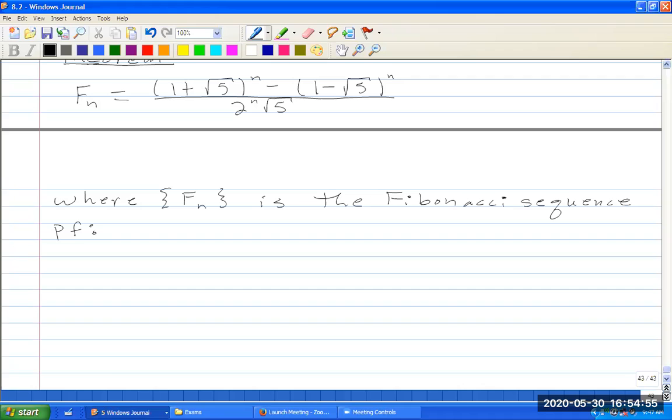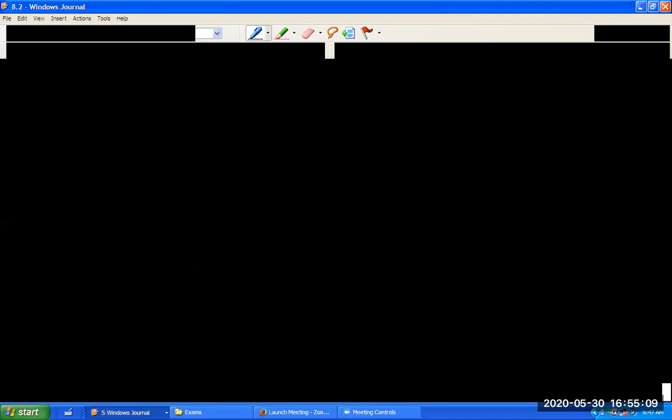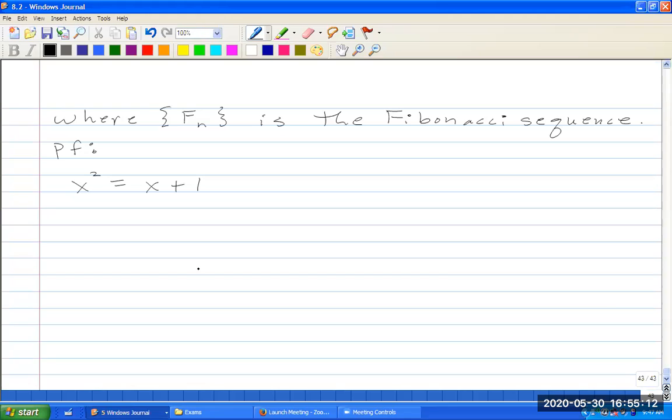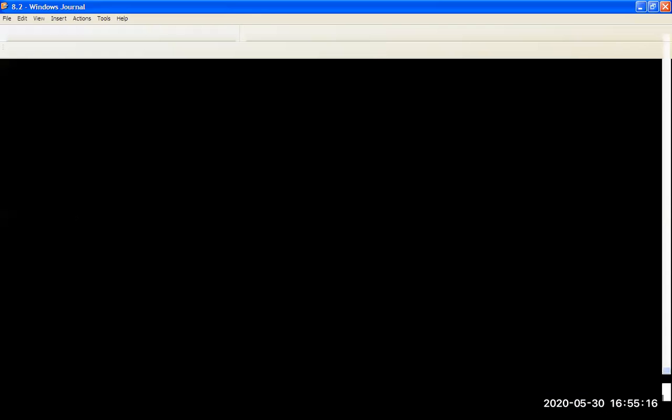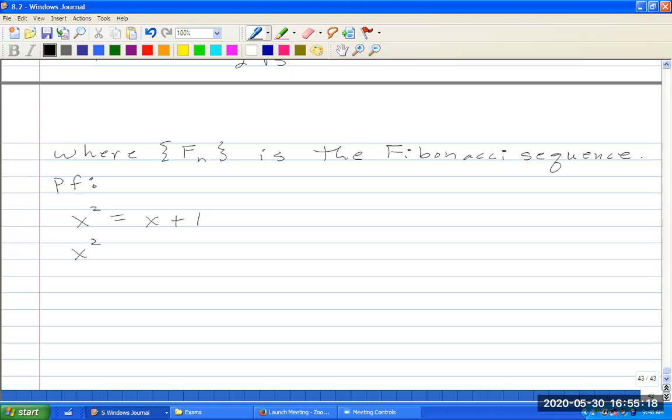So, x squared equals x plus 1. This is just x squared minus x minus 1 equaling 0.